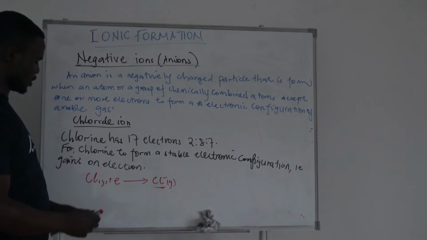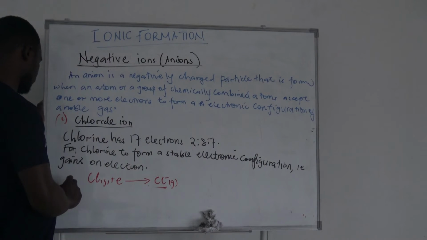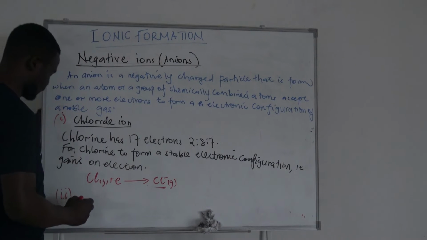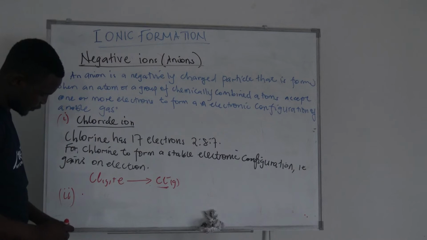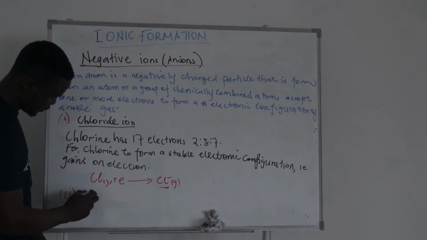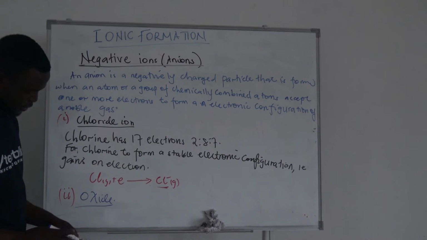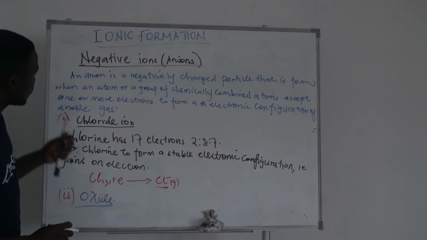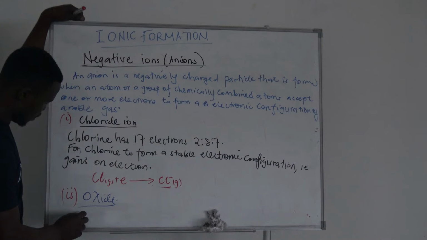Now let us look at the second example under anions. We shall not look at very many. Let us look at oxide. Now, an oxide is formed when oxygen reacts with a certain element. Now we know that oxygen has electronic configuration 2,6.